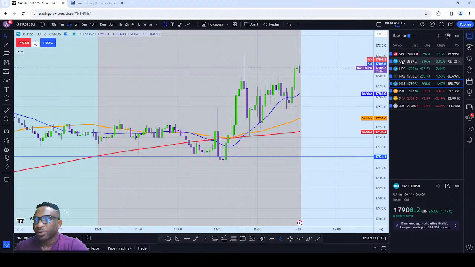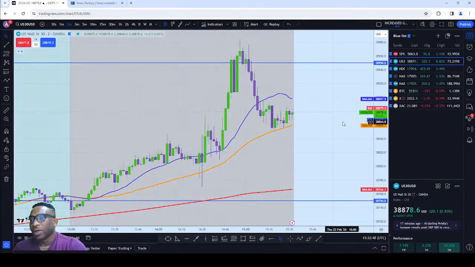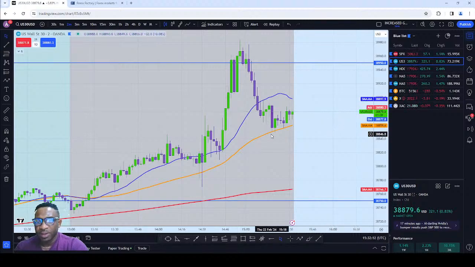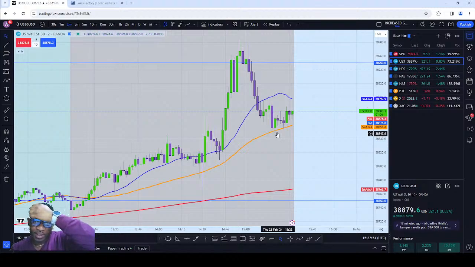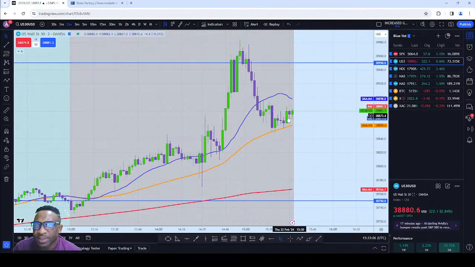Let's see what's happening on NAS. Then I'll go through. Okay, US 30. We can see US 30 is here at the moment. It's being held up by the 50 moving average, so we'll just hold on a bit.